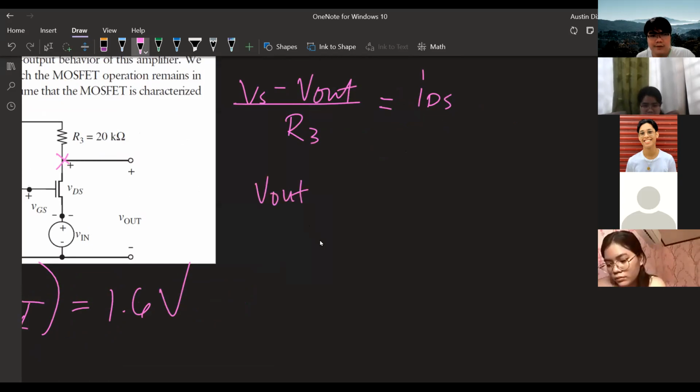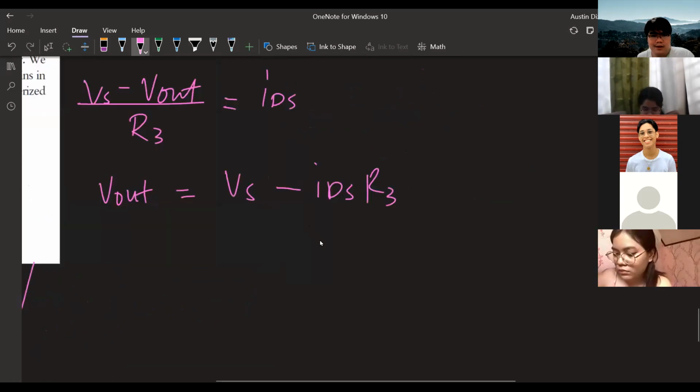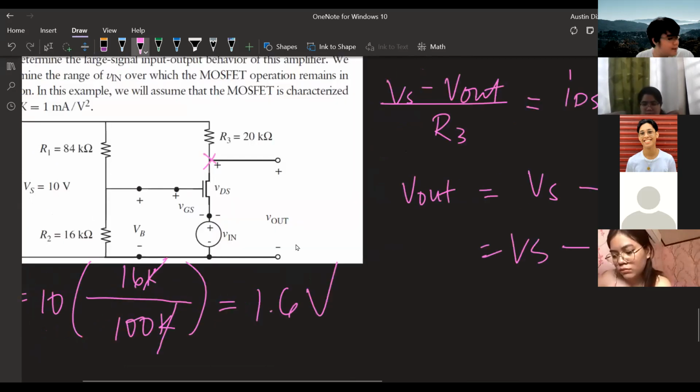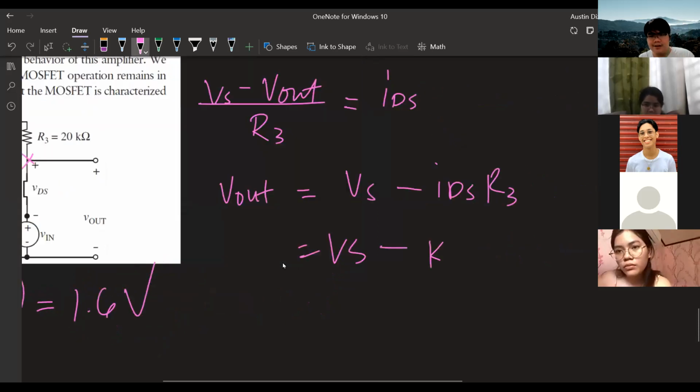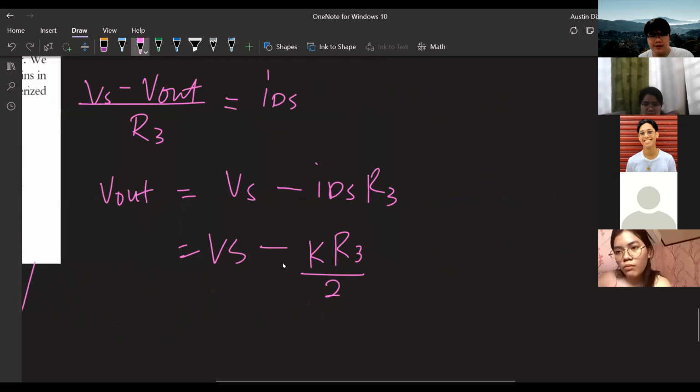So V out has to be Vs minus IDS R3. Okay, and then IDS is just yung relationship natin for the MOSFET.